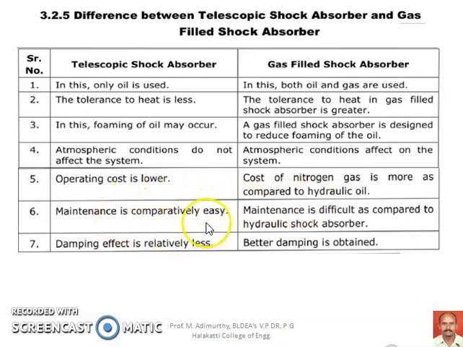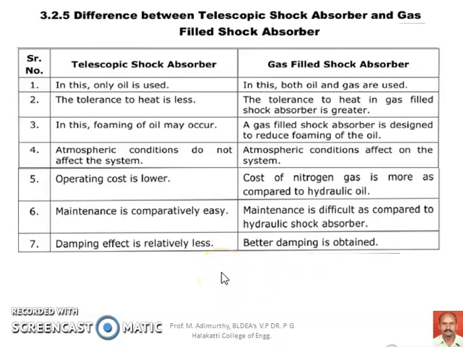Relatively, maintenance is easier in case of hydraulic shock absorber, whereas in gas-filled shock absorber, it is relatively more difficult than the regular hydraulic shock absorber. And when you compare, damping effectiveness is less in case of the regular hydraulic shock absorber, whereas better damping is obtained in case of gas-filled shock absorbers.